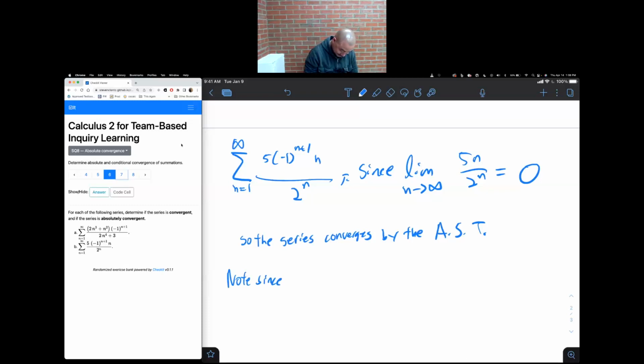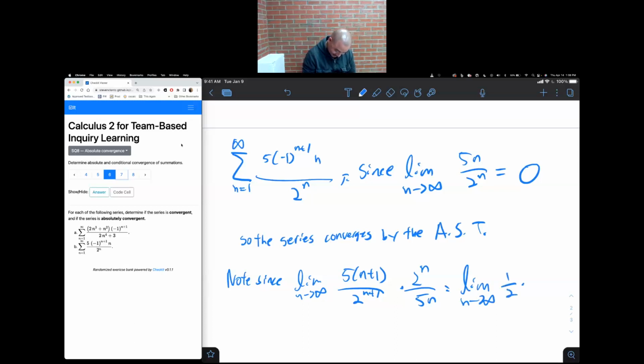And so we should also note, since the limit as n goes to infinity of 5(n plus 1) over 2 to the n plus 1 times 2 to the n over 5n is equal to the limit as n goes to infinity of 1/2 times, right?